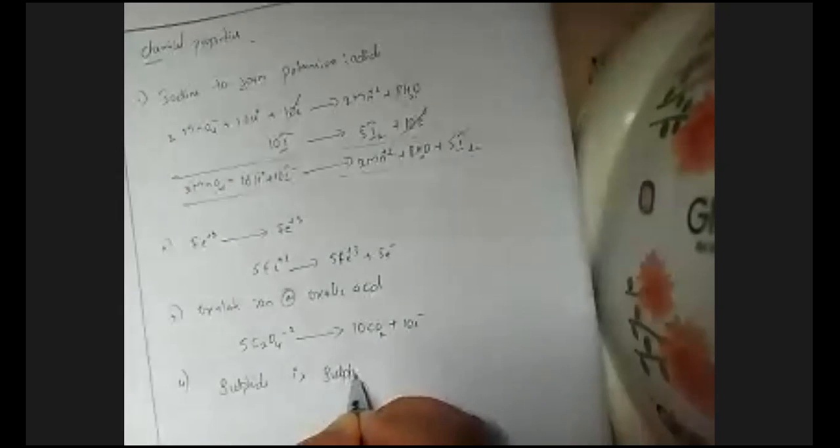Next, sulfide is oxidized to sulfur. 5H2S gives 10H plus plus 5S plus 10 electrons.